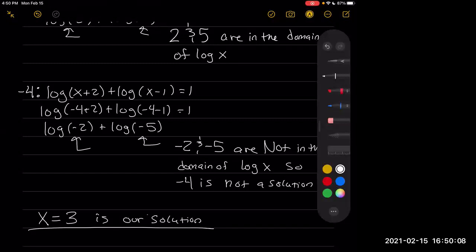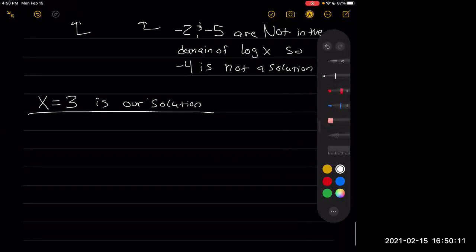All right, now we are going to look at an application example.